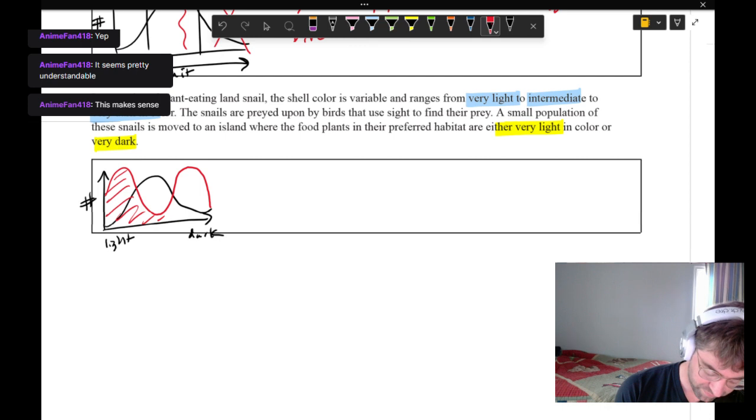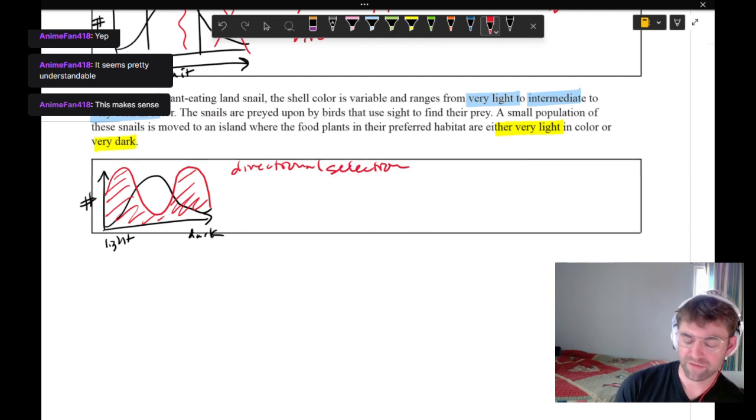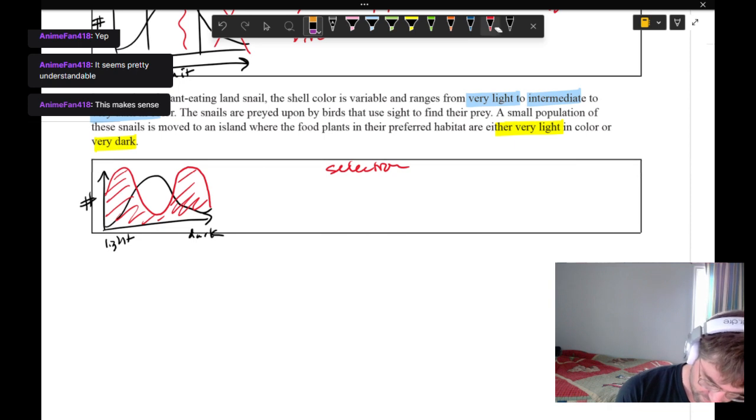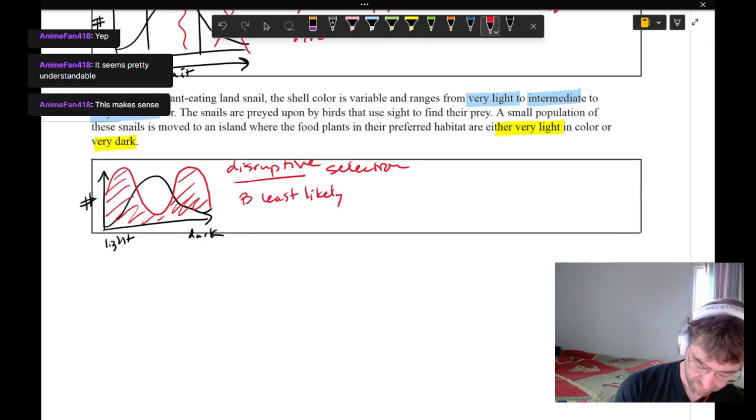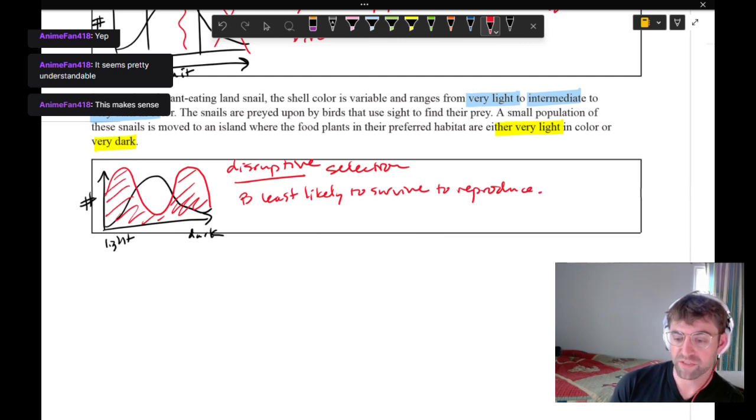They will get eaten. Disruptive selection favoring either extreme. Intermediate coloration gets punished. And so B, the intermediate, are the least likely to survive and reproduce.